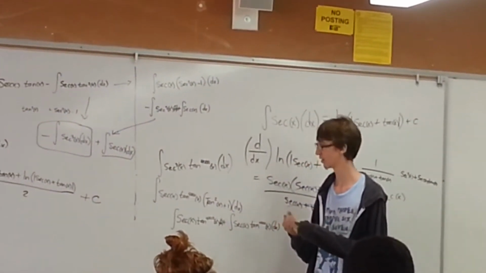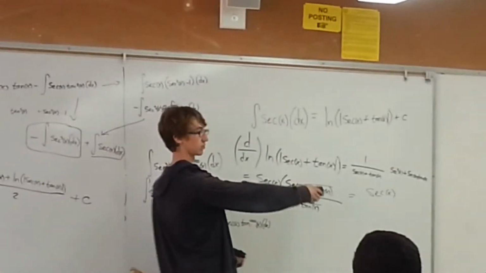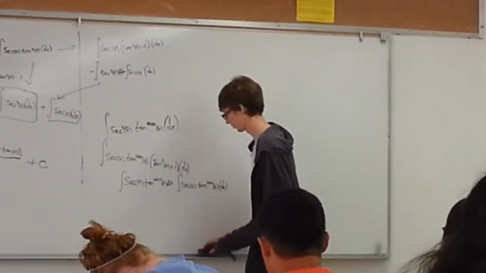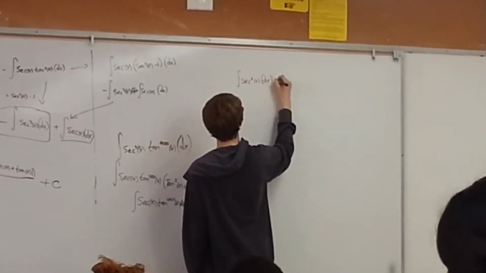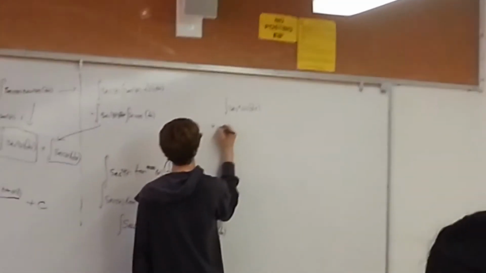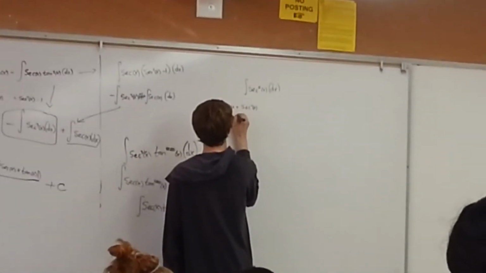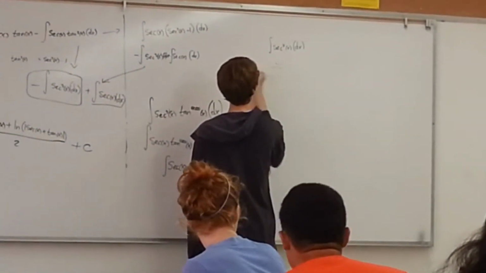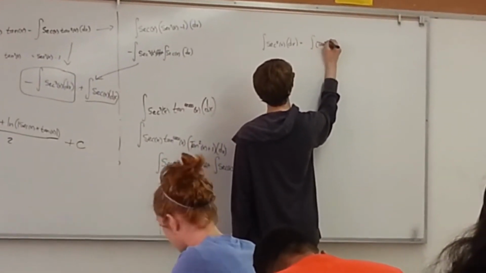So how would you do secant to the fifth, CJ? You all know this? Yeah. What I would do, actually, I'd go straight to the ultraviolet superglue. Okay, no. You would go straight to tangent squared.